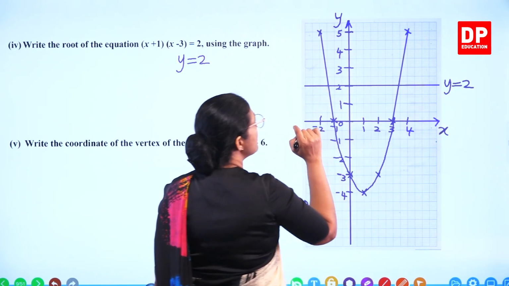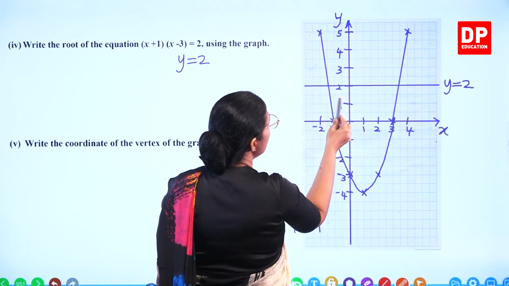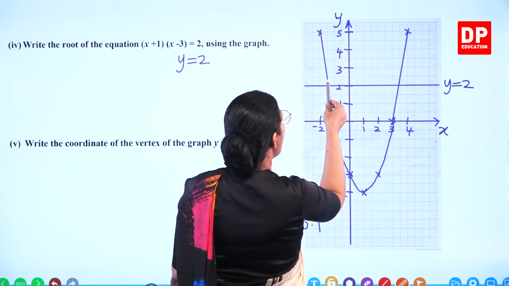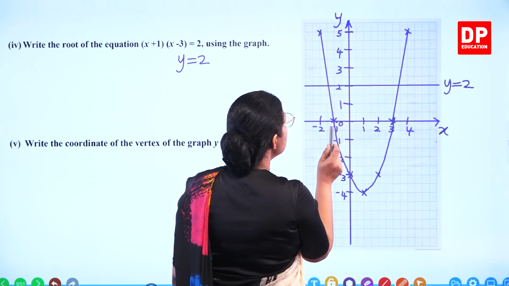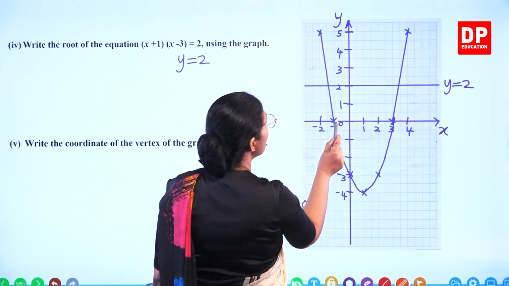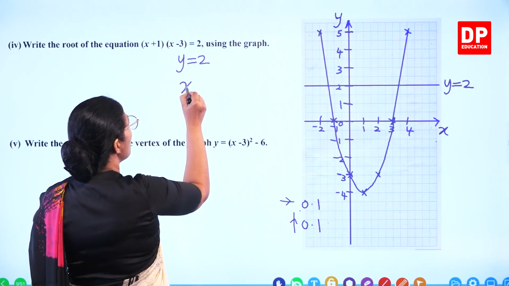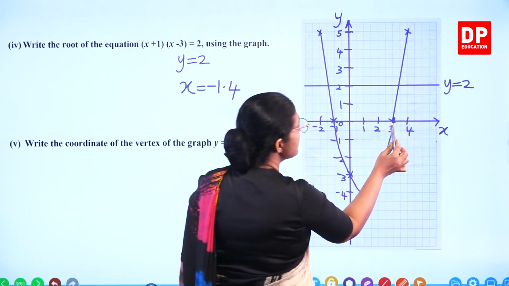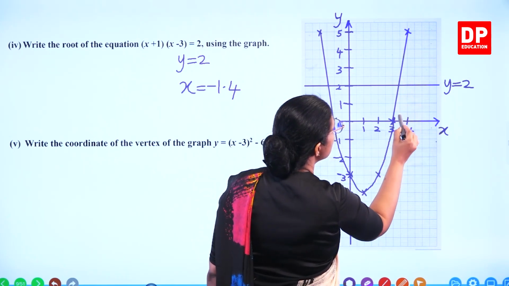So when y equals 2, what are these values? So this one you get -1 point. Here one small square is 0.1. So -1.4. x equals -1.4, or this side, what is this value? 3.4.